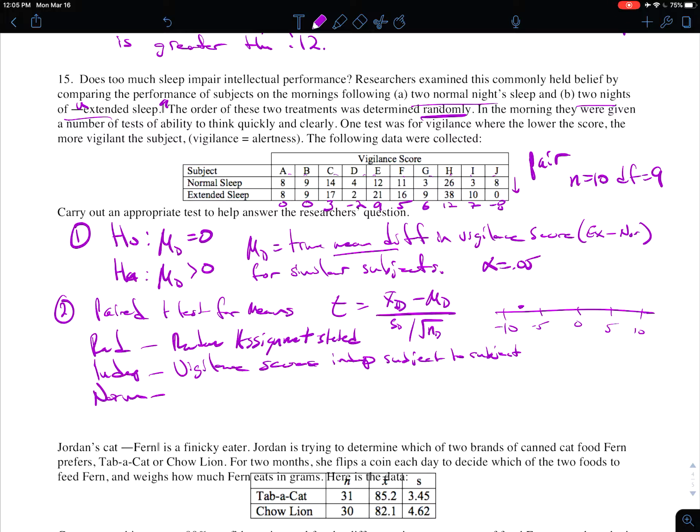-8 was my lowest number. I had a -2 on the board, a couple zeros there. I have a 3 on the board. Let's see, 5 and a 6. Let's see, 7 there. And then, what's my other one? 12. I have a 12 there.